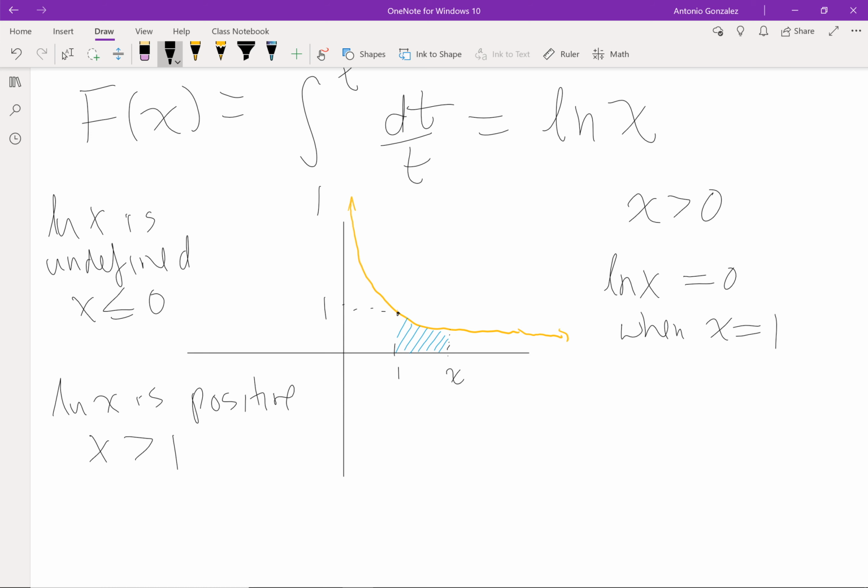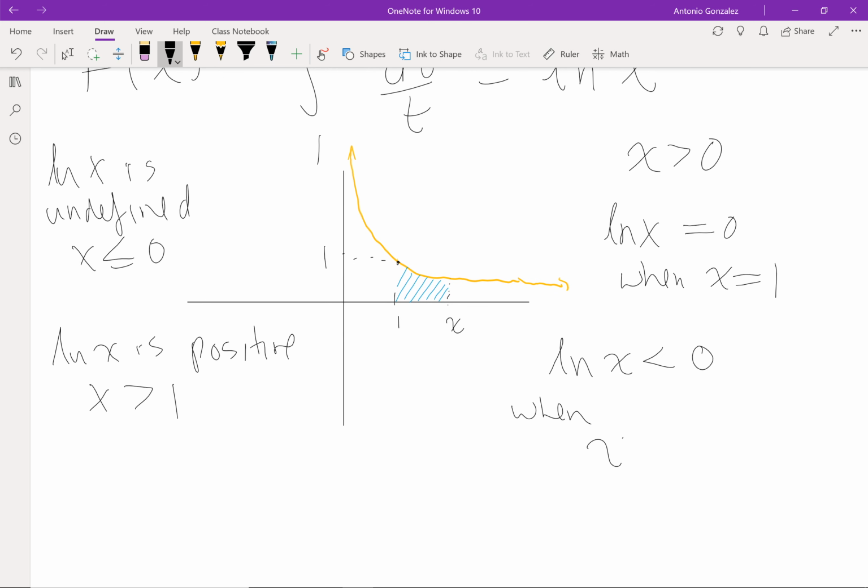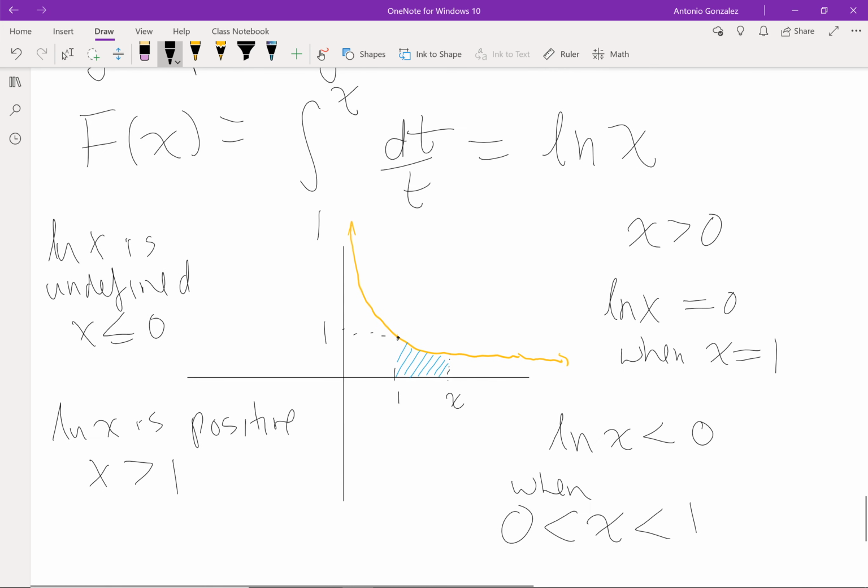Now, I also know that ln of x is negative, less than 0, when x is between 0 and 1. The reason for that comes from the integral definition. If the smaller value is on the upper limit, when we switch them around, we introduce a negative sign.